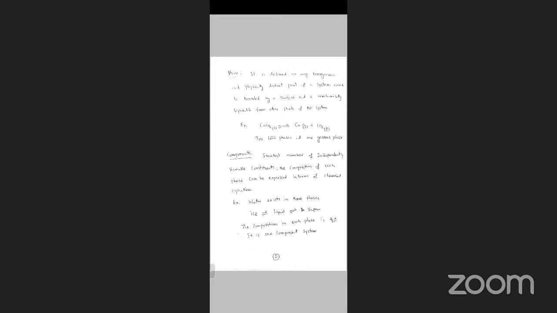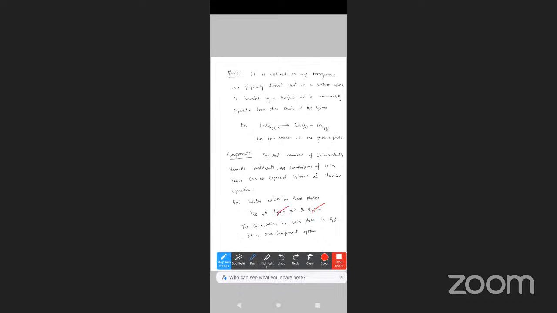And the solid water, which we call as ice, liquid, and vapor. So when you melt ice, it becomes liquid. Liquid on heating, it goes into vapor state. And between any two phases, there exists an equilibrium.